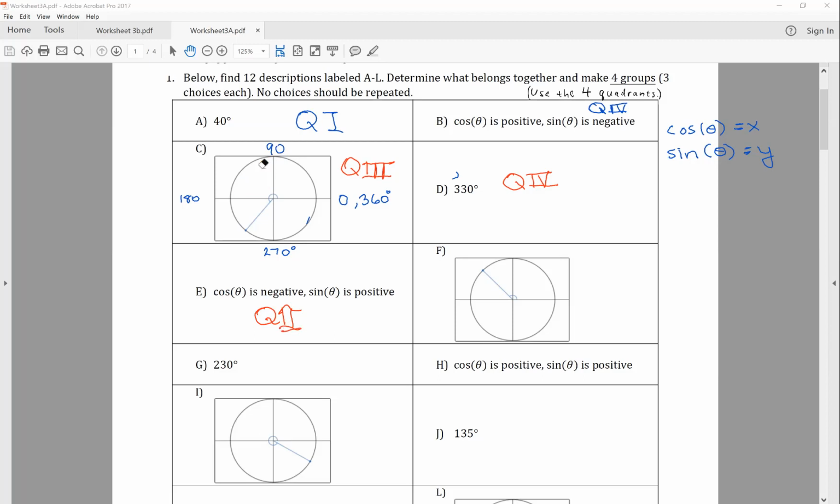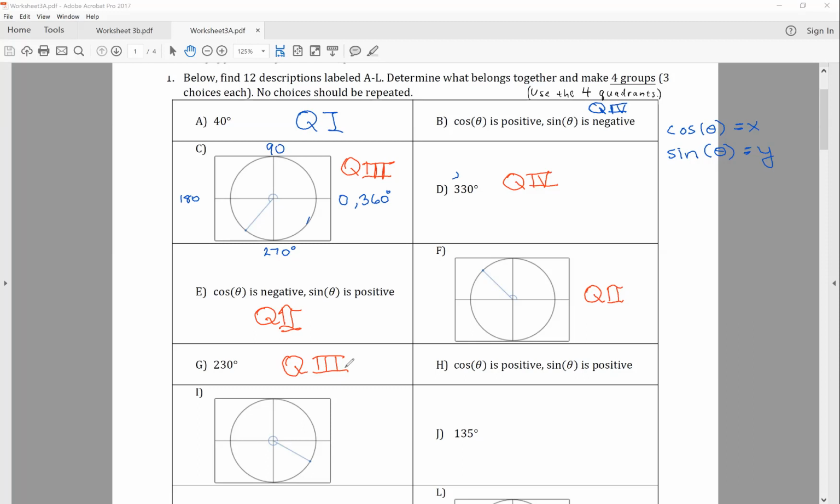This is in quadrant 2. Okay. We have F. F is, again, obviously in quadrant 2. Hopefully you know your quadrants. 230 degrees. Again, I look at my circle on C, and I can see that 230 degrees is between 180 and 270, which makes that in quadrant 3. Cosine is positive, x is positive to the right of the y-axis.